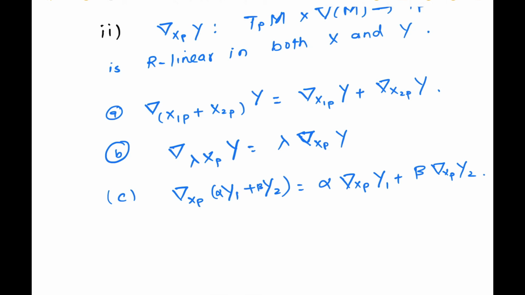Similarly, it is also C infinity linear in the x argument. So let me say if I have this type of situation, this is only obeyed by x, not by both x and y.